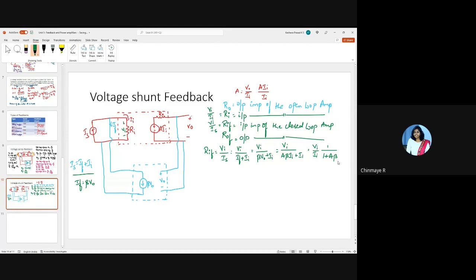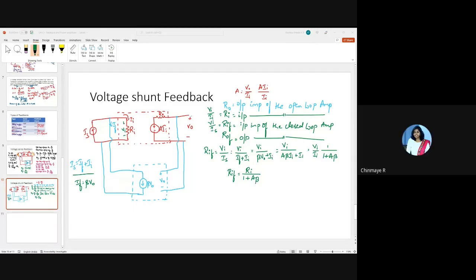Then I'm left with a factor 1 plus A beta. But what is Vi by Ii? It's nothing but the open loop input impedance of the amplifier. So I can write Rif is equal to Ri divided by 1 plus A beta. Right? As you can see, the input impedance gets reduced by a factor 1 plus A beta.